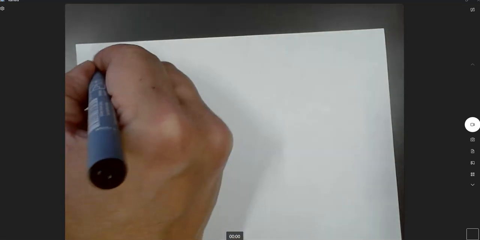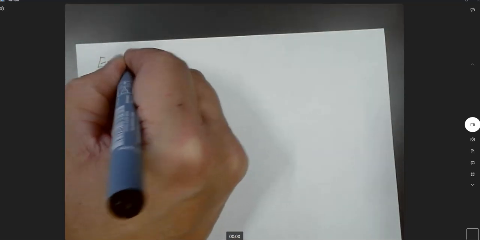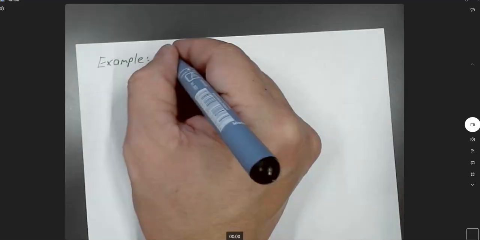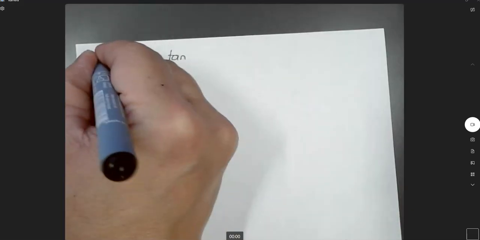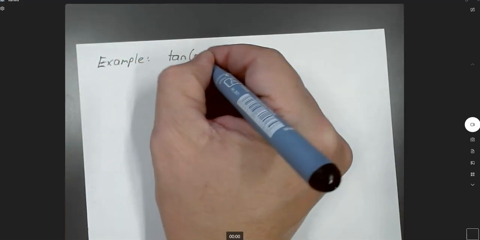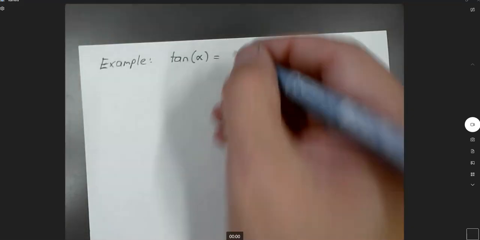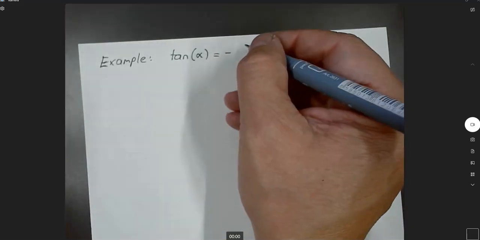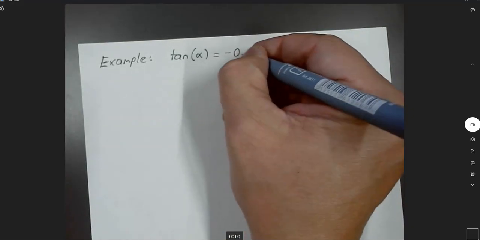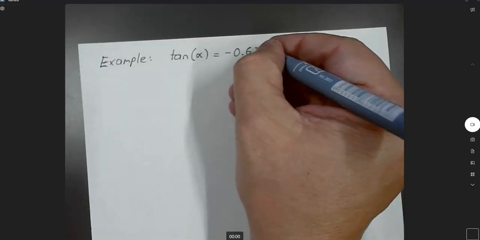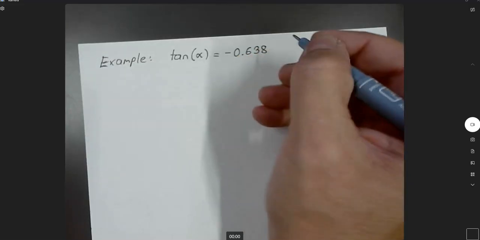Let's take the tangent example. Tangent alpha equals minus 0.638.